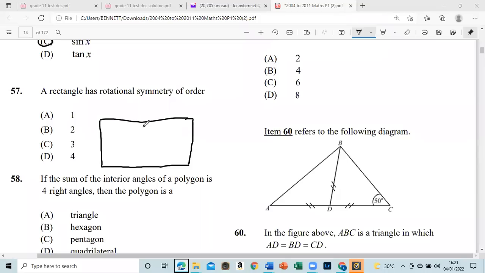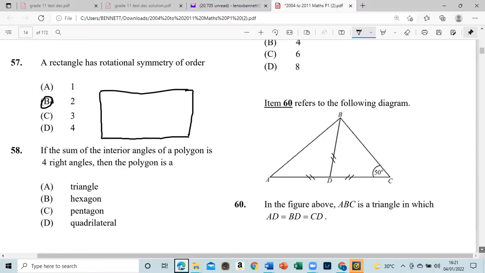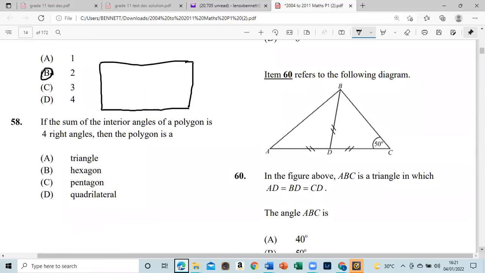Alright guys, I didn't understand that question, but I went on Google and it's true. What it means is that, for example, if I rotate it by 90 degrees, it falls out of place, but if I do it by 180, it fits, so it's actually 2 times. I was not taught that in grade 7. Too many things to learn.